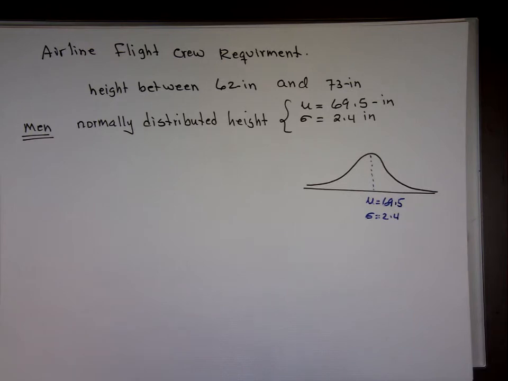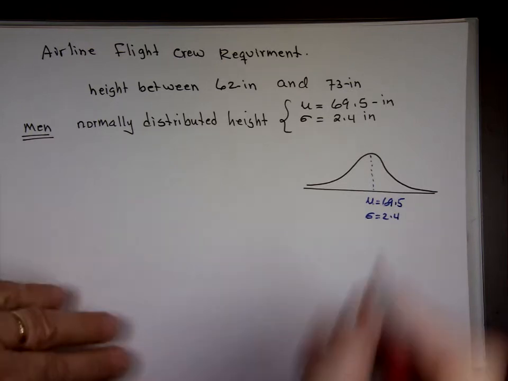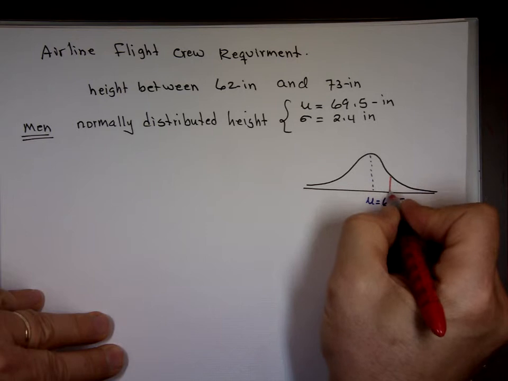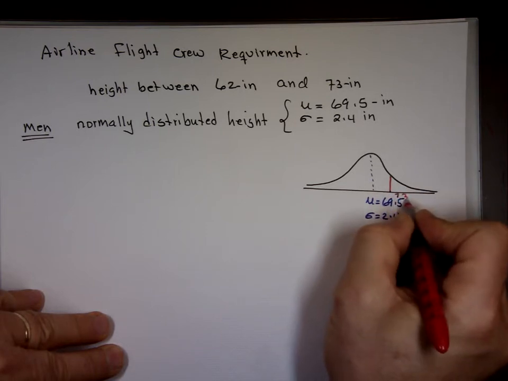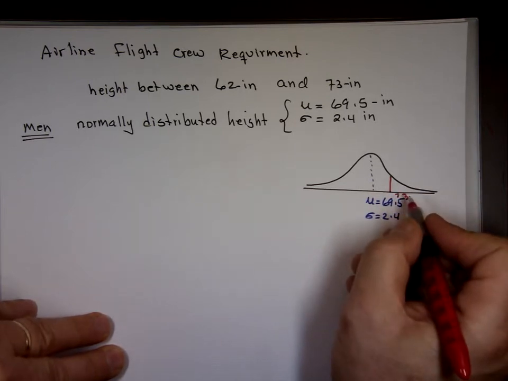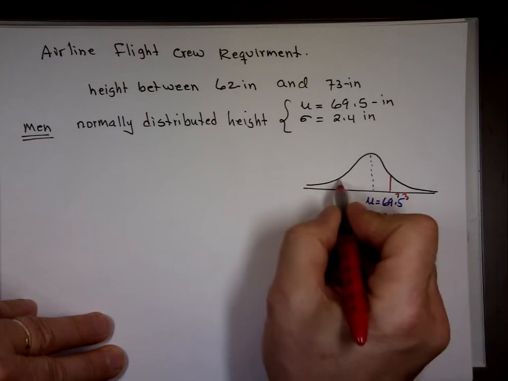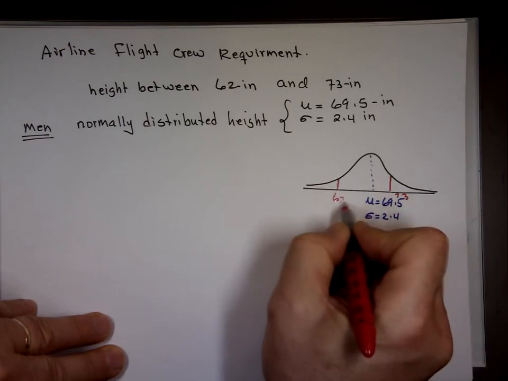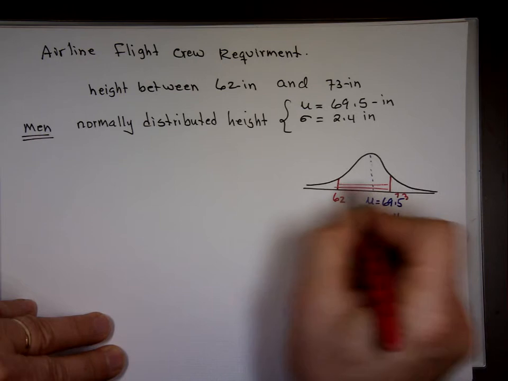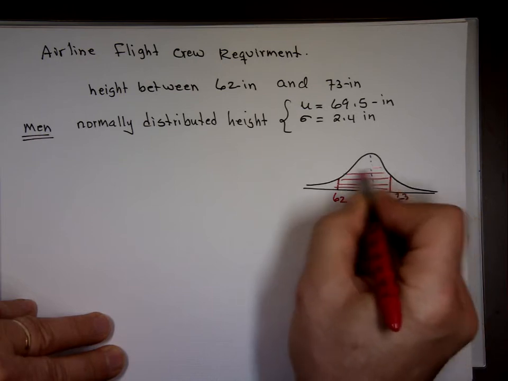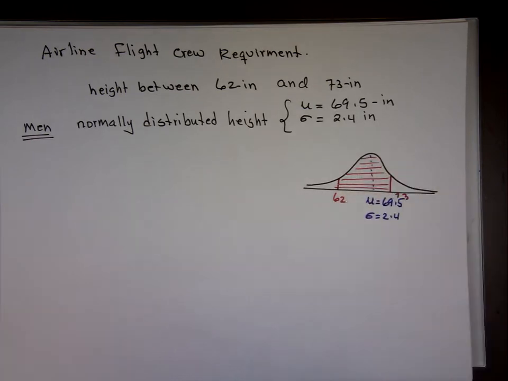To be a commercial pilot, you have to be between the 73, this is the 73 right here, and the other one is what? 62. So what percent of the people are between these two heights? That's what we're looking for. Between 73 and 62.